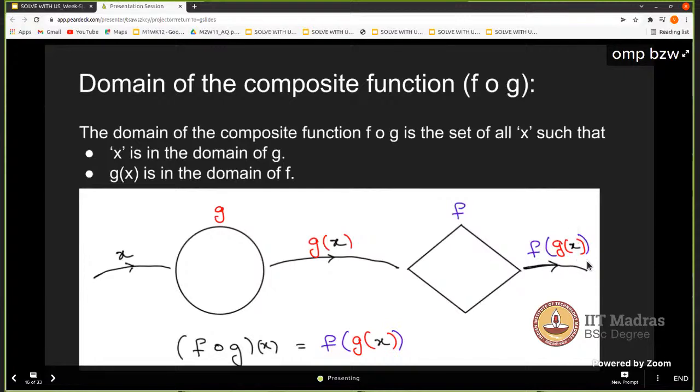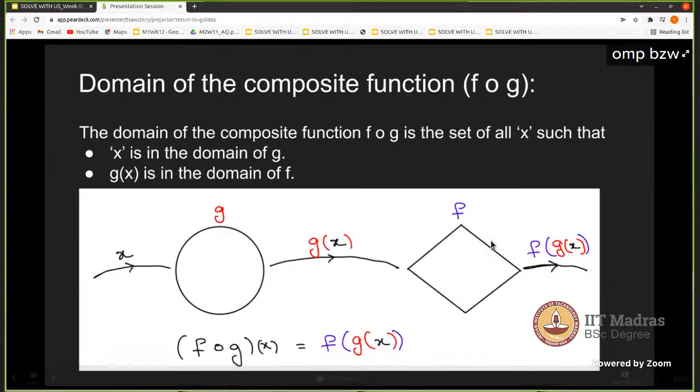So finally you can see from here, this particular x should be in the domain of g, because this x is going into this function g, and this particular g of x is going inside this function f. That means this g of x should be in the domain of this function f. Only those black x's, the set of all those x's, will give me the domain of this composite function f circle g.